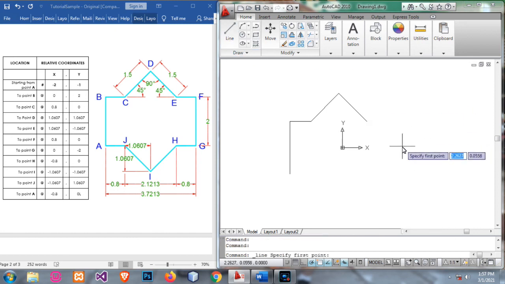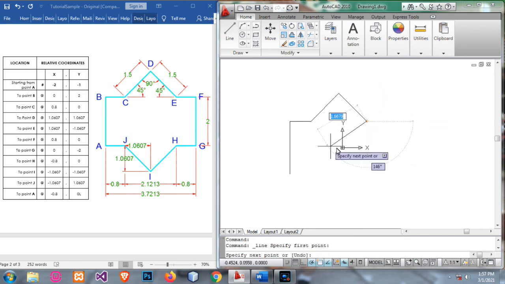To specify the first point, we will just click the last point that we specified. We can easily do this when we turn these drawing modes on. So press the starting point. Next, specify the point E to F, which is 0.8, comma, 0. Press enter.